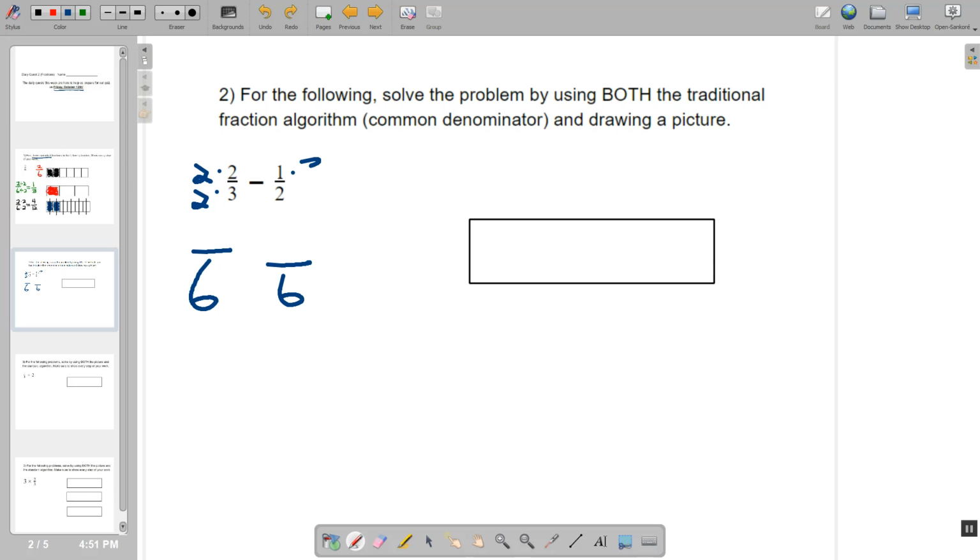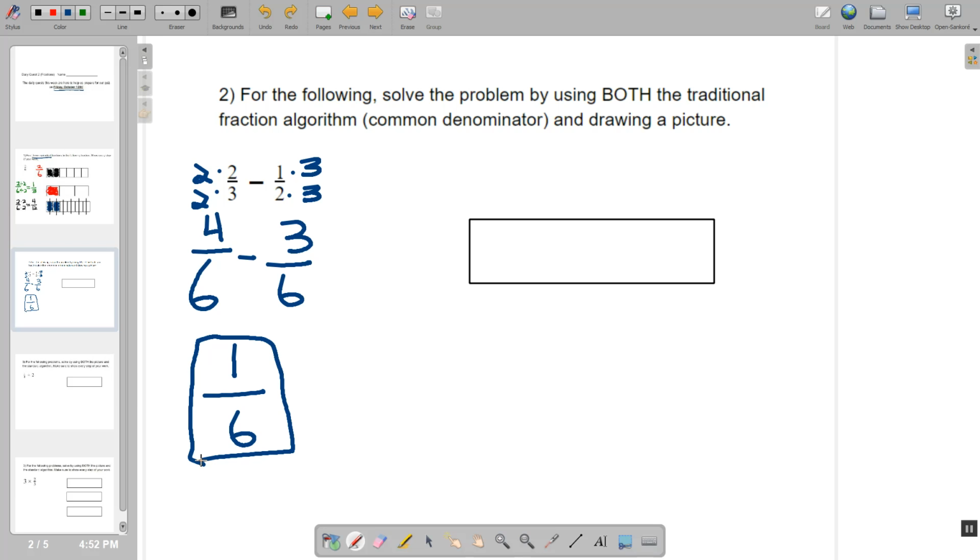And our right fraction, numerator and denominator by 3. 2 times 2 creates 4/6, and I want to subtract 3/6. 4/6 minus 3/6 is equal to 1/6, and that would be our answer. No simplest form needed here. Well, it's already in simplest form.